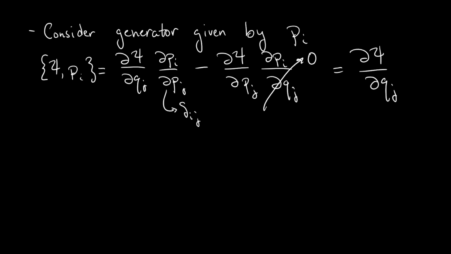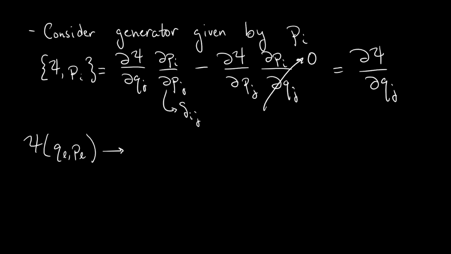So what action does this actually have? If I have a function ψ of q and p, what does this canonical transformation, generated by the momentum, actually do?